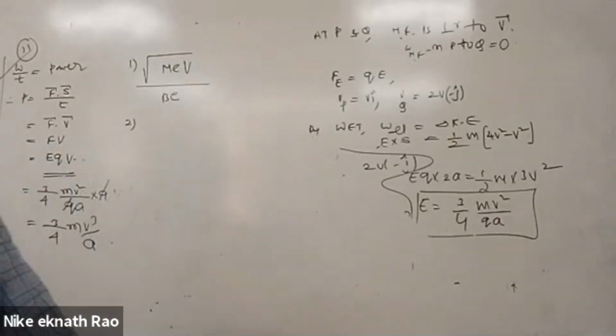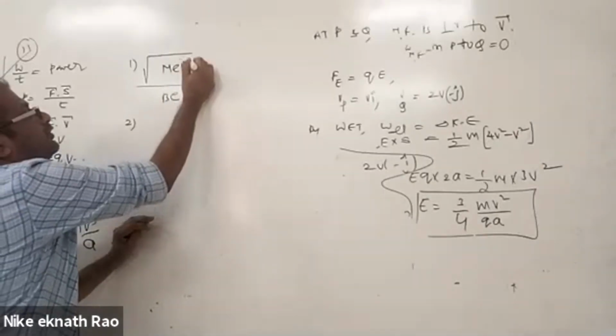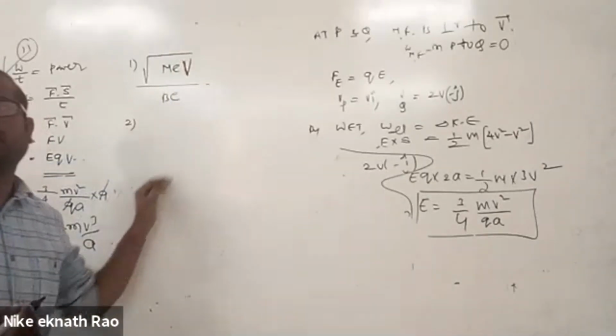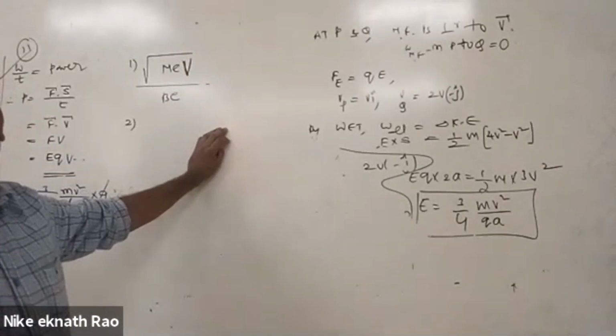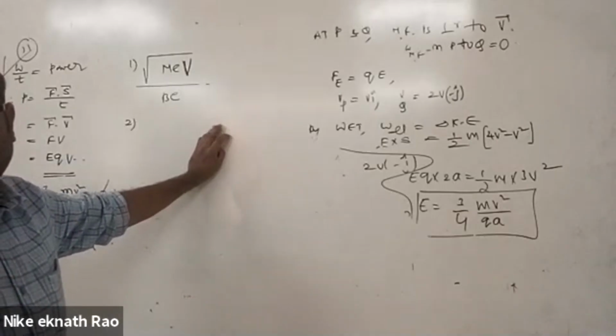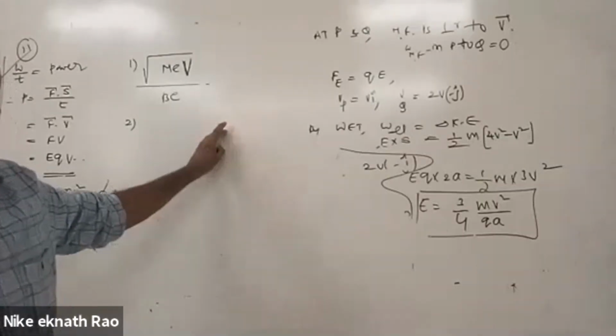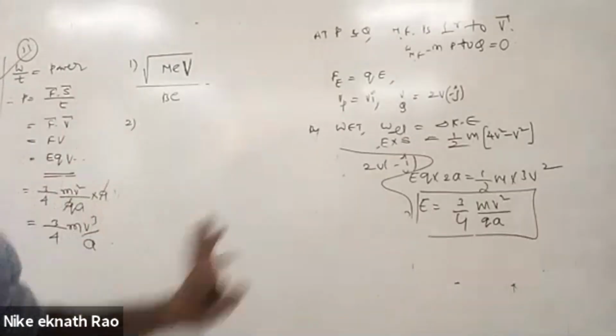No, not B. The question has capital V, potential difference, sorry, the potential difference is V. Yes, capital V it is. Potential difference V.